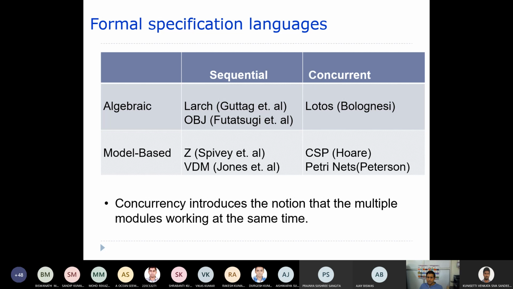We'll take some techniques and explain them through examples, then you will be able to understand. So you understand now what a concurrent system is all about: multiple modules working at the same time. Wherever you find this notion, that multiple modules are running at the same time, usually those are concurrent systems.